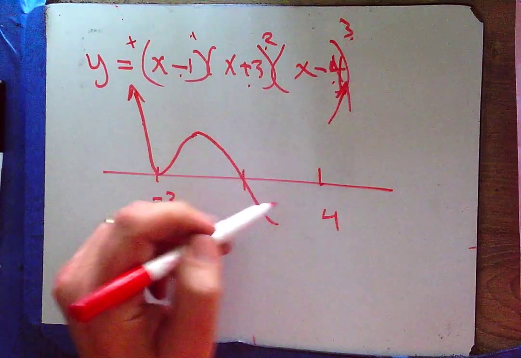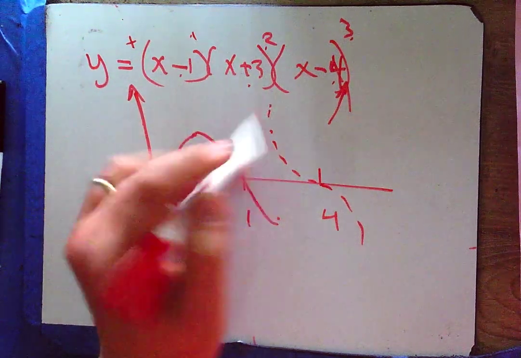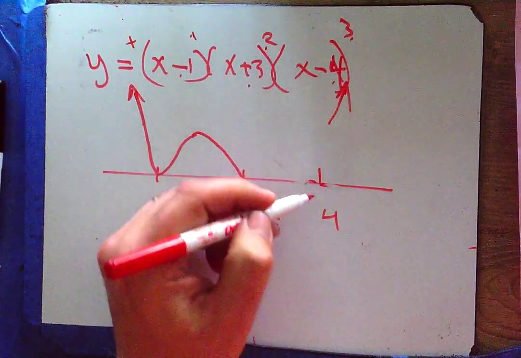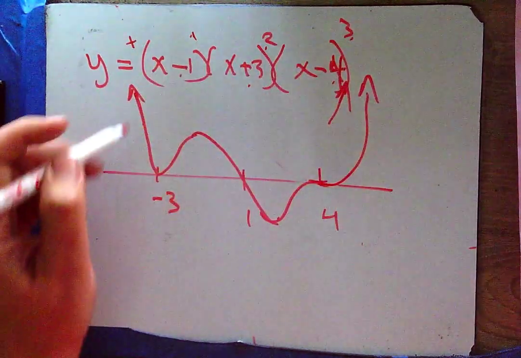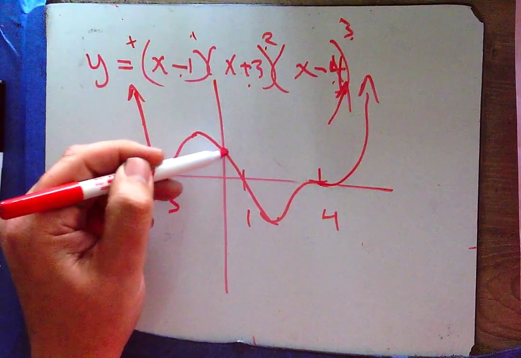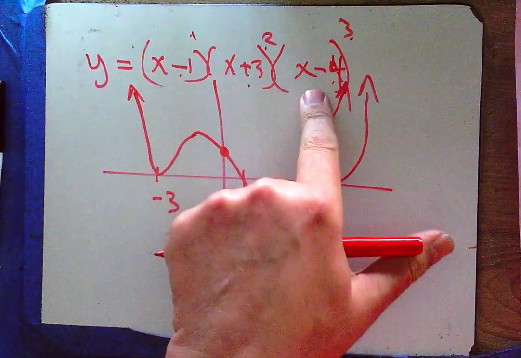We're going to wiggle. Can it be this wiggle? No, because that won't connect with that. It has to be this wiggle. And don't forget to label the y-intercept. We find the y-intercept by setting x equal to 0.